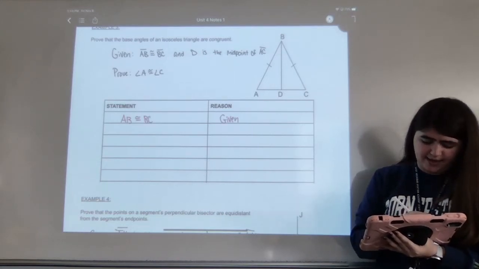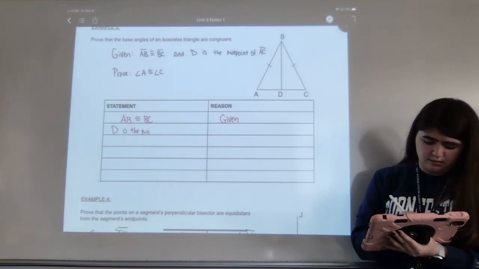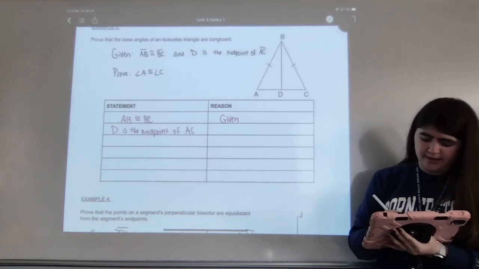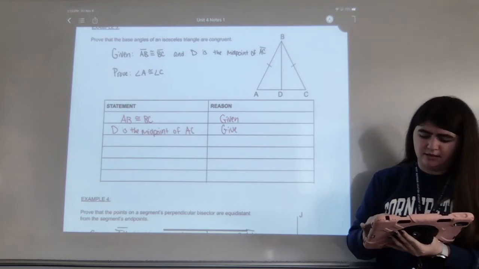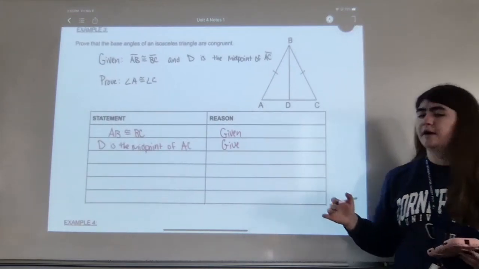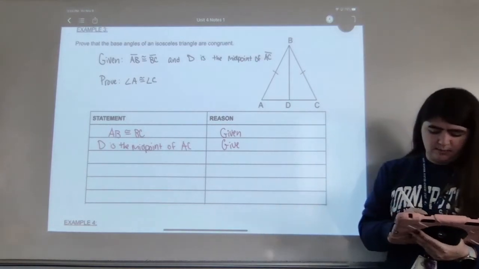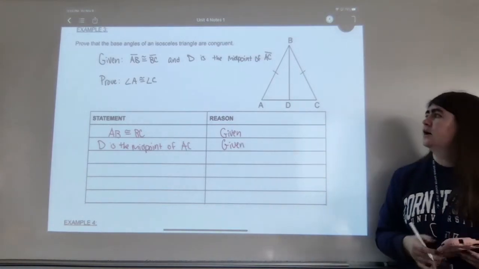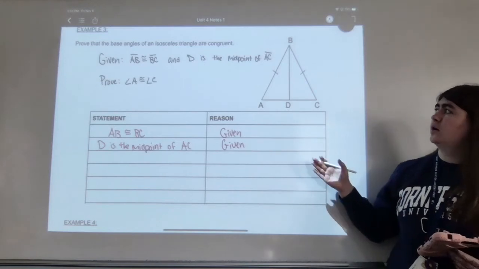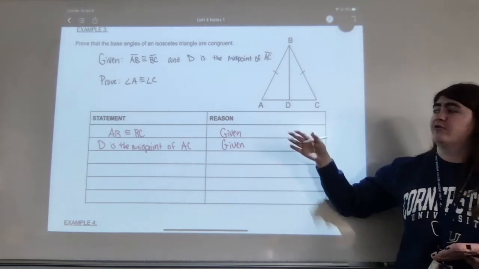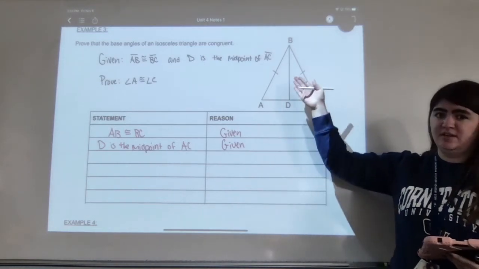And I have that D is the midpoint of AC by, again, the fact that it's given to us when we started. All right, so now that we have two given statements, we can go ahead and look at what we already know in our image from that information and what's in the image.